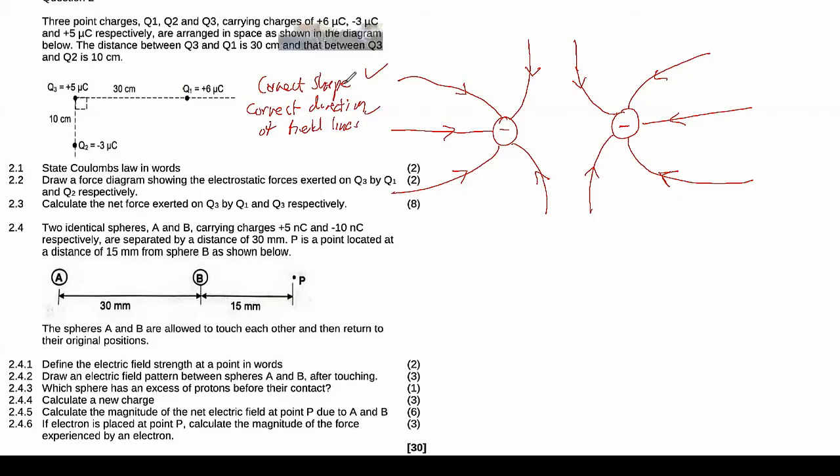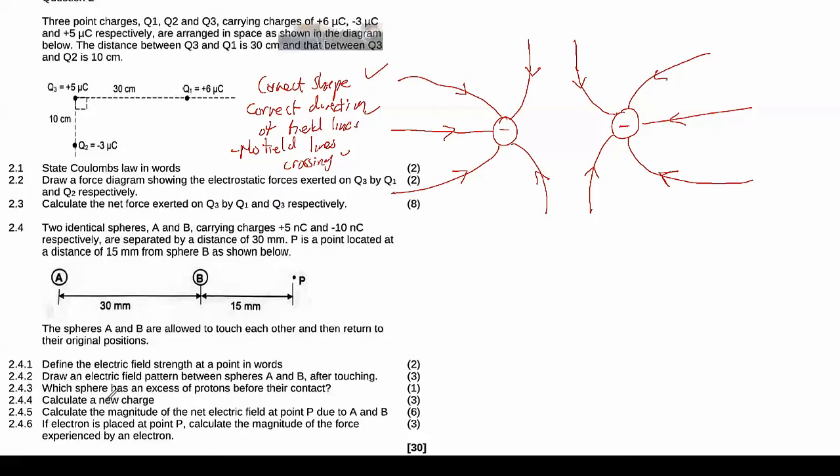And also you get a mark if no field lines cross. They should not cross, they should not touch. So now you know where you get your marks: the field lines do not touch, the correct direction of the field lines, and the correct shape. So that's how you were supposed to get that 3 marks.